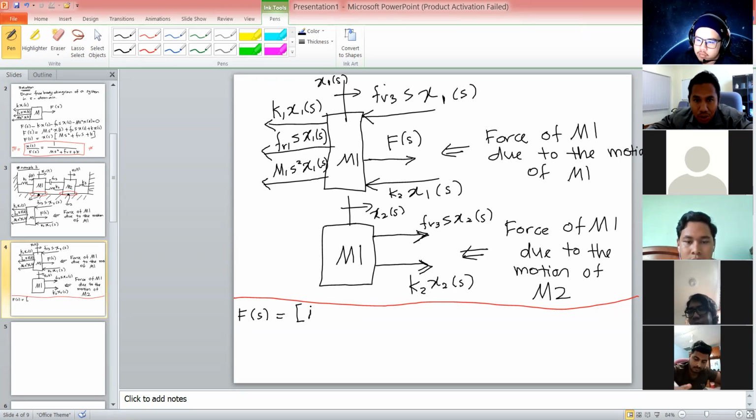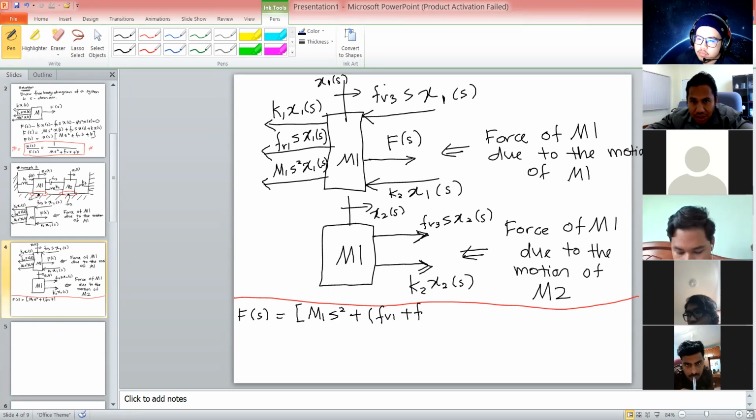So what we have here is M1 times S square, plus we have FV1 and FV3 here, so plus FV1 plus FV3 times S, plus we have K1 and K2 here.